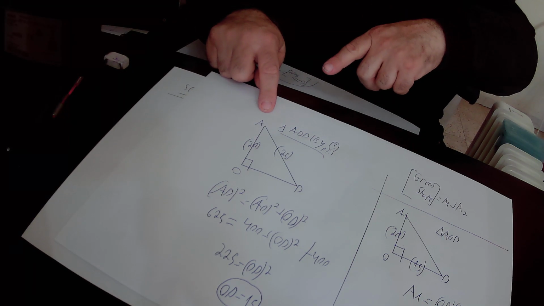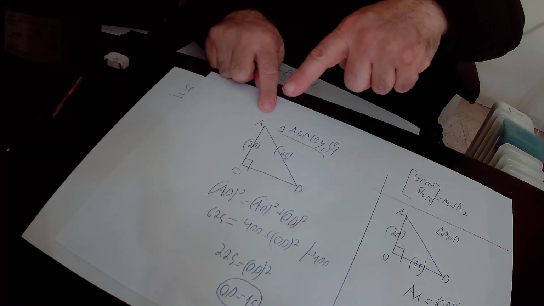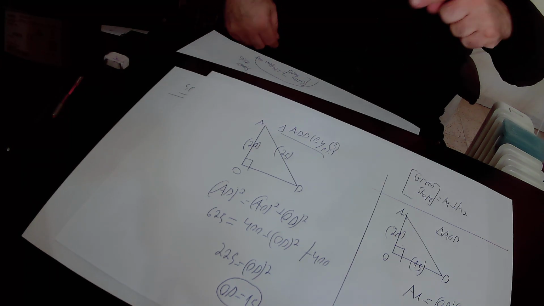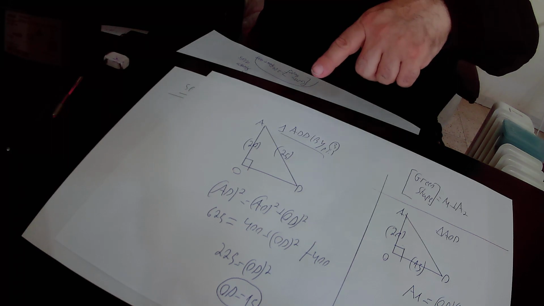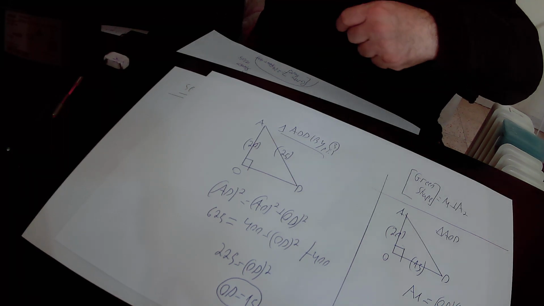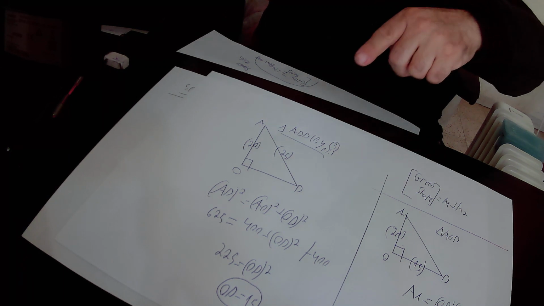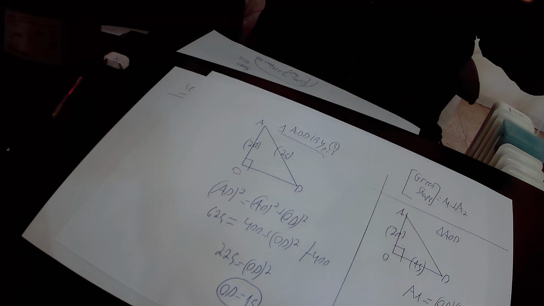According to the Pythagoras theorem in this right triangle AOD, AD squared equals AO squared plus OD squared. AD is 25, therefore AD squared is 625, and it is equal to AO squared, 20 squared, that is 400, plus OD squared. So 625 equals 400 plus OD squared.